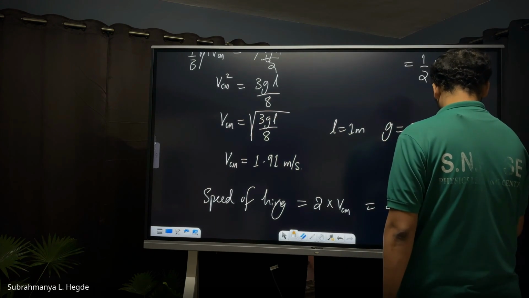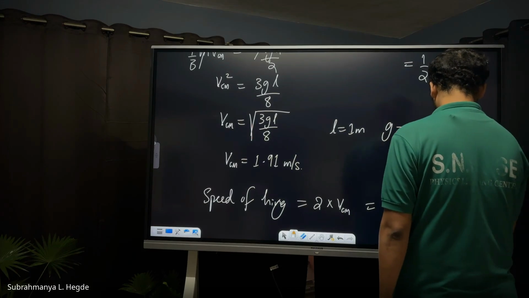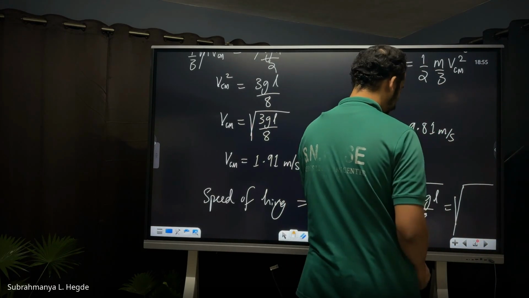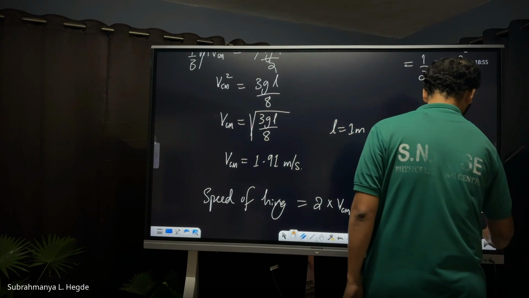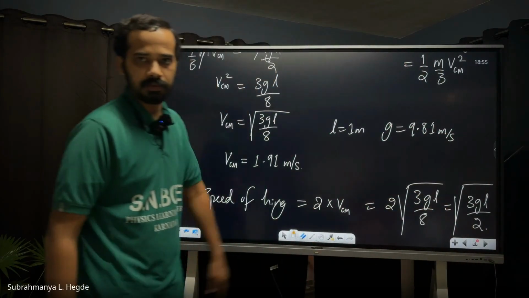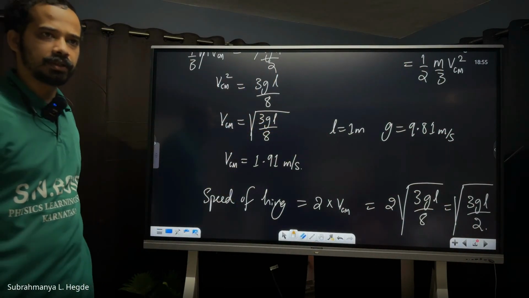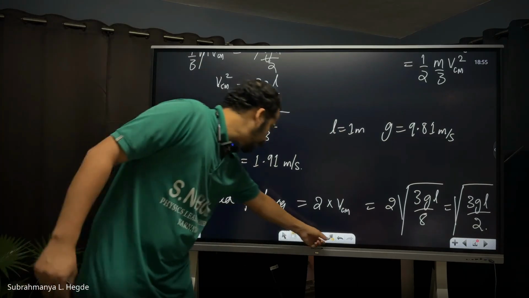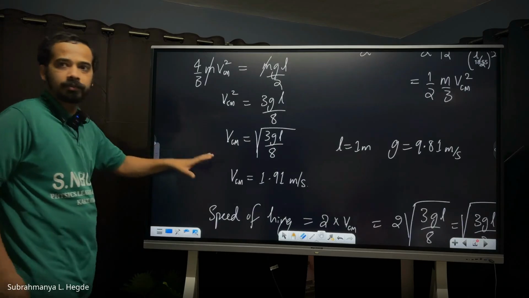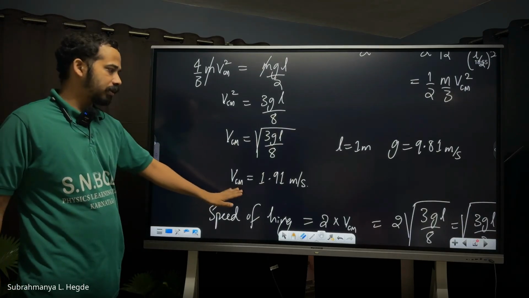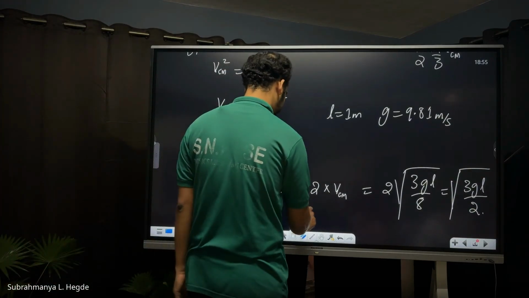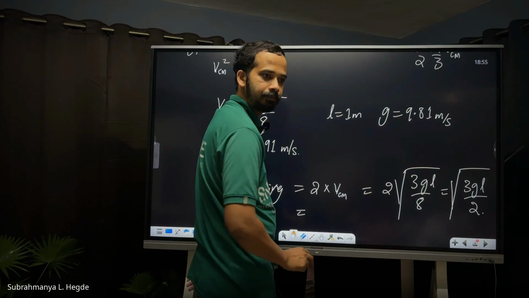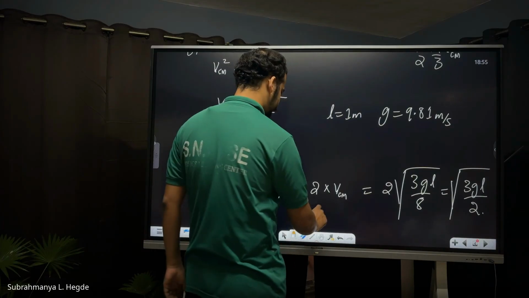In the Lagrangian approach, if the 2 goes inside, it becomes 4, so 3gL by 2 actually. That's the Lagrangian answer also. Same initial condition, everything is same. Now if he manipulates this question, this is not the answer. You have to double it. If you double it, what is that one? 3 point... can you double it?